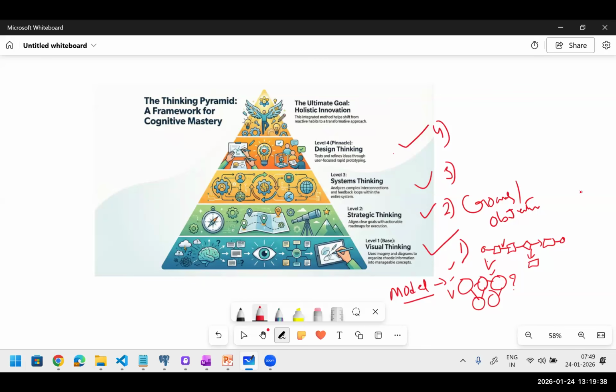And next is systems thinking. This is very, very important. What does it mean? Let's say in e-commerce, how many systems are involved? Because you are purchasing regularly, maybe as and when you need, right?